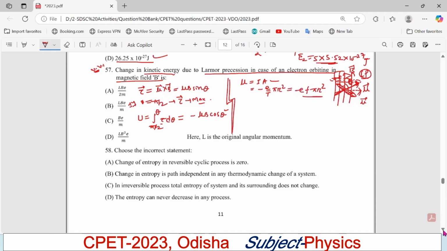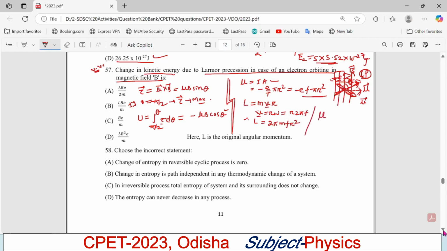The angular momentum of the electron is written as m, velocity of the electron, into r, and v equals r omega, or v equals r into 2 pi into frequency f. So the angular momentum can be written as 2 pi m f into r square, right? If you put this v value over here, we get the angular momentum.